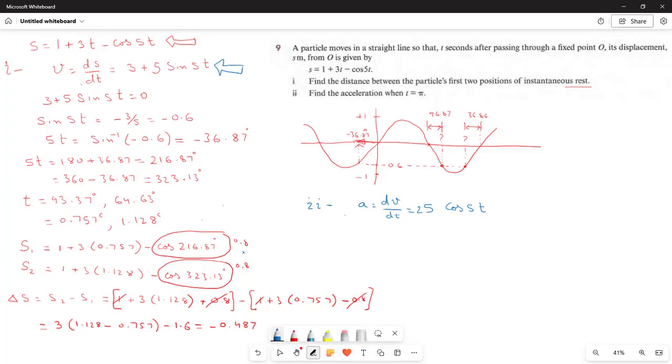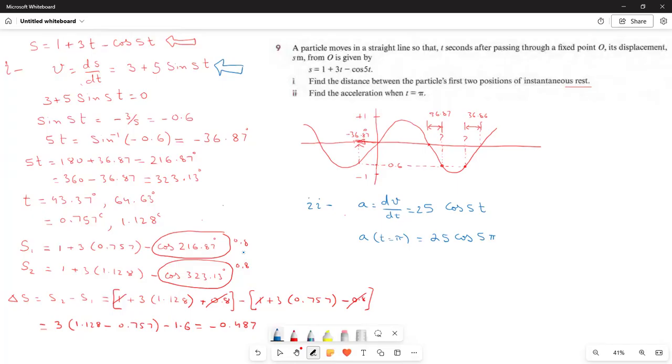So acceleration is 25 cos 5t, and we need to find the acceleration when t is equal to pi. So this is going to be 25 times cosine of 5 pi.